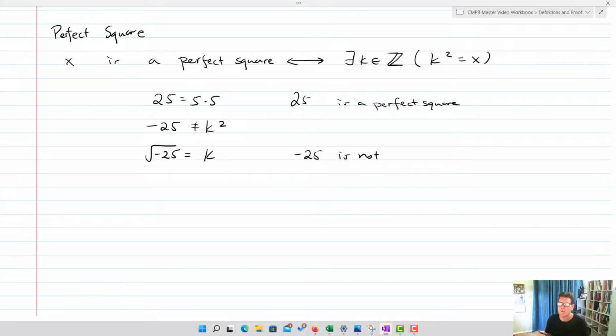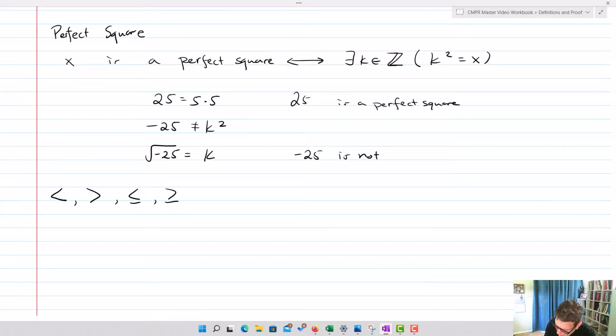Now the last one that I want to look at in terms of our definitions is this idea of less than, greater than, less than or equal to, and greater than or equal to. The reason why I bring these up, not so much because they have a very rigid definition, but to get a sense of what each one's opposite is.